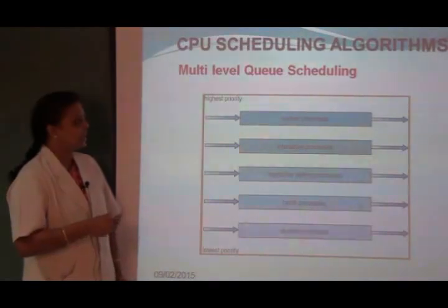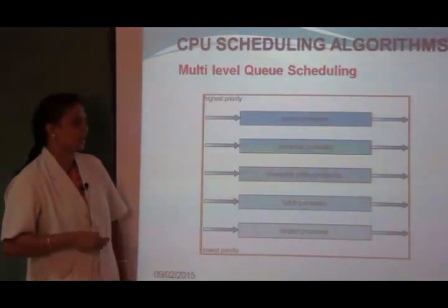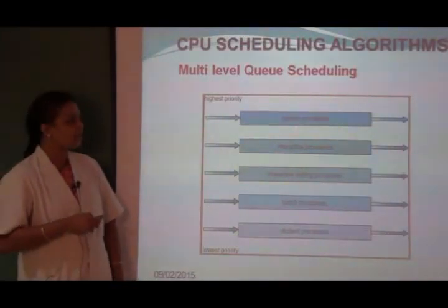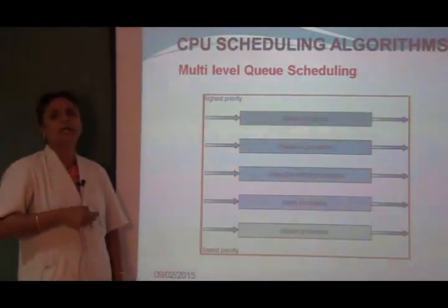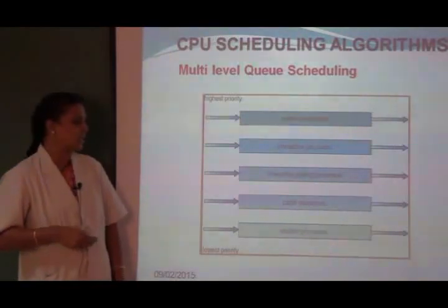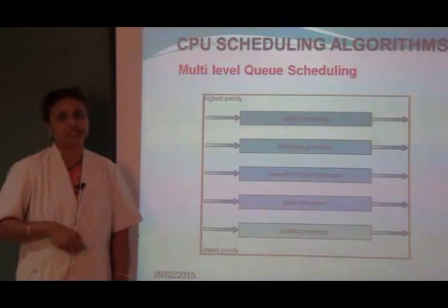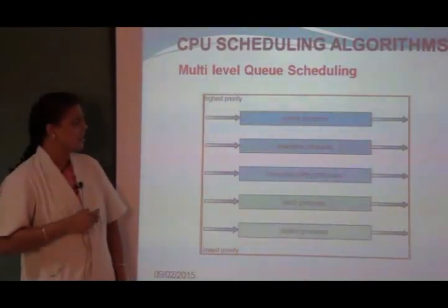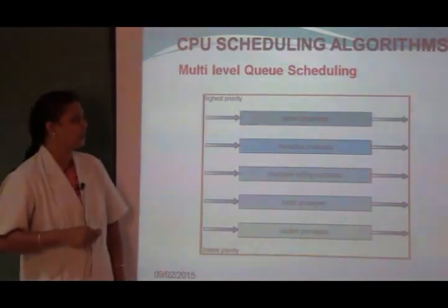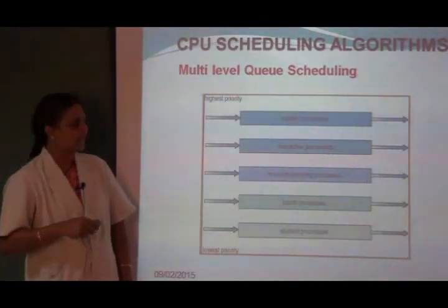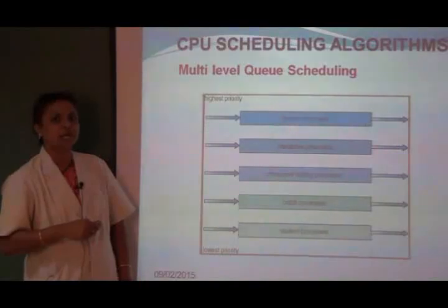So here each and every queue can follow its own scheduling algorithm, but generally the topmost queues follow round robin scheduling, and the lowest queue follows the first come first serve algorithm. In this case, processes in a particular queue can be executed only when all the top level queues are empty.